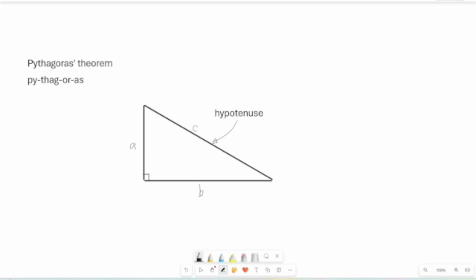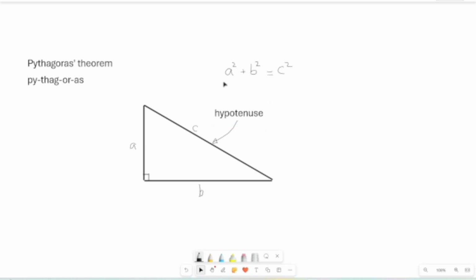So what Pythagoras' theorem says, and this is the beginning, the middle, and the end of Pythagoras' theorem, this is all that you have to remember, is the length of A squared plus the length of B squared is equal to the length of C squared, where C, this one here on its own, is the hypotenuse, the longest side.